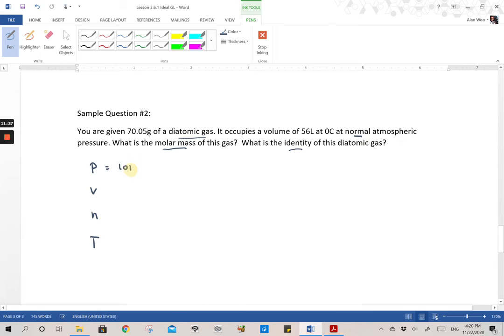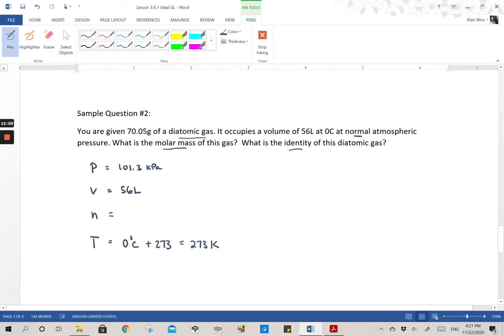We just make it a little bit convenient for ourselves in these two sample questions by having them pretty much at STP. The volume is 56. The number of moles we'll get back to, but temperature is the next easiest one at 0 degrees. So you add on 273, because we can never use Celsius in these calculations, and that will be 273 Kelvin.